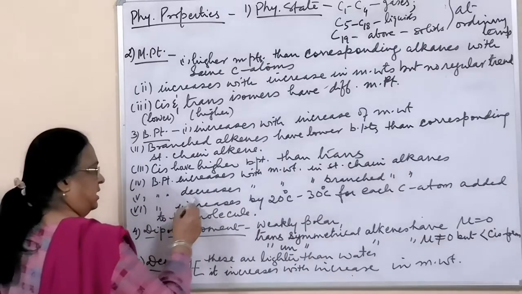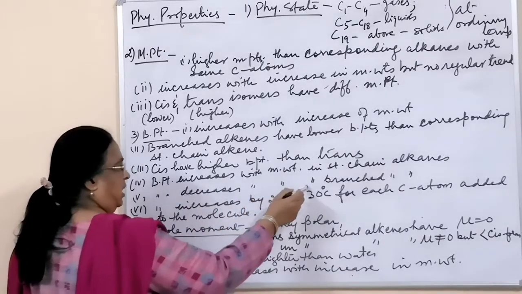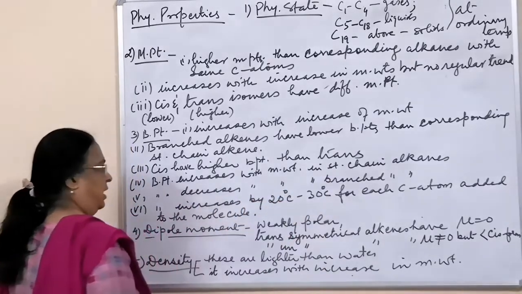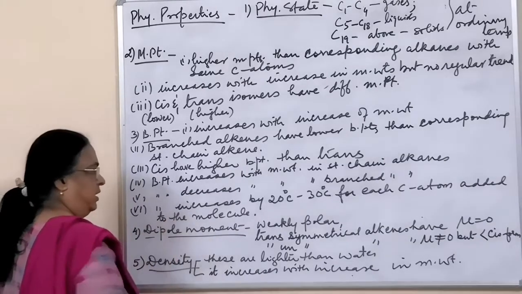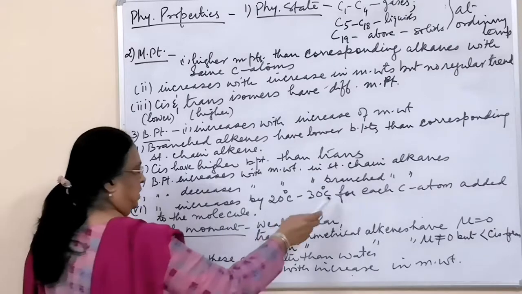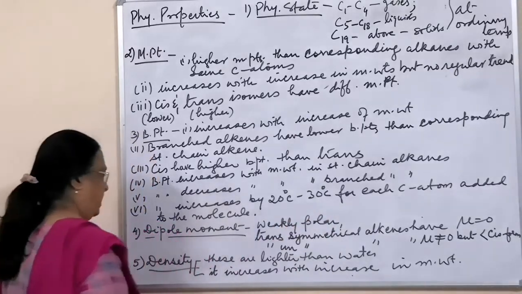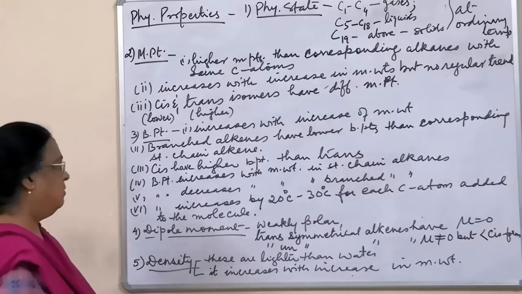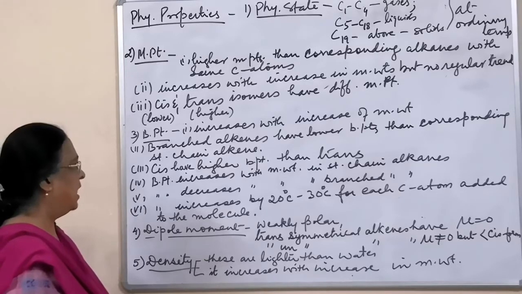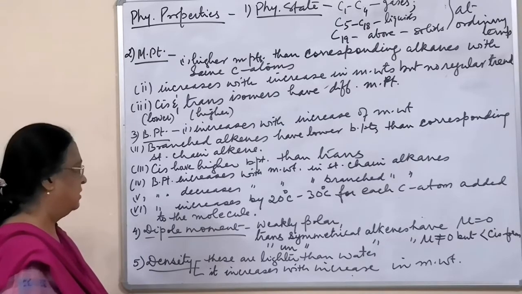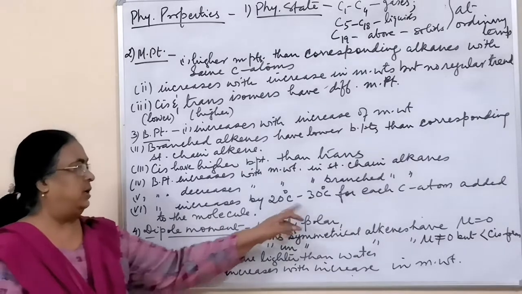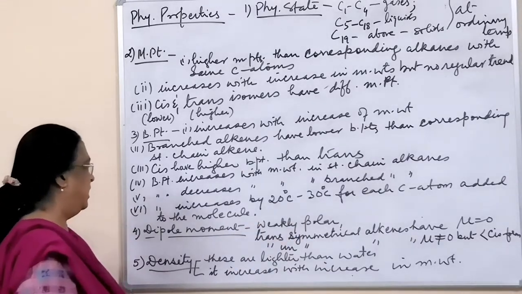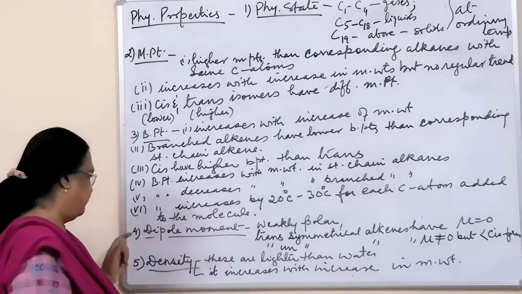Boiling point decreases with molecular weight in branched chain alkanes. And boiling point increases by 20 to 30 degrees for each carbon atom added to the molecule. Means ethylene and propylene will have a difference of 20 to 30 degrees Celsius in their boiling points.